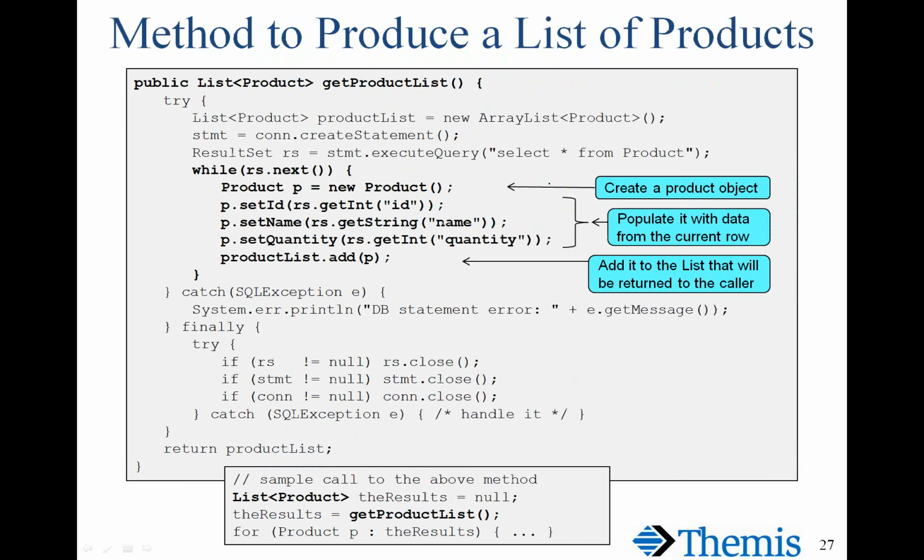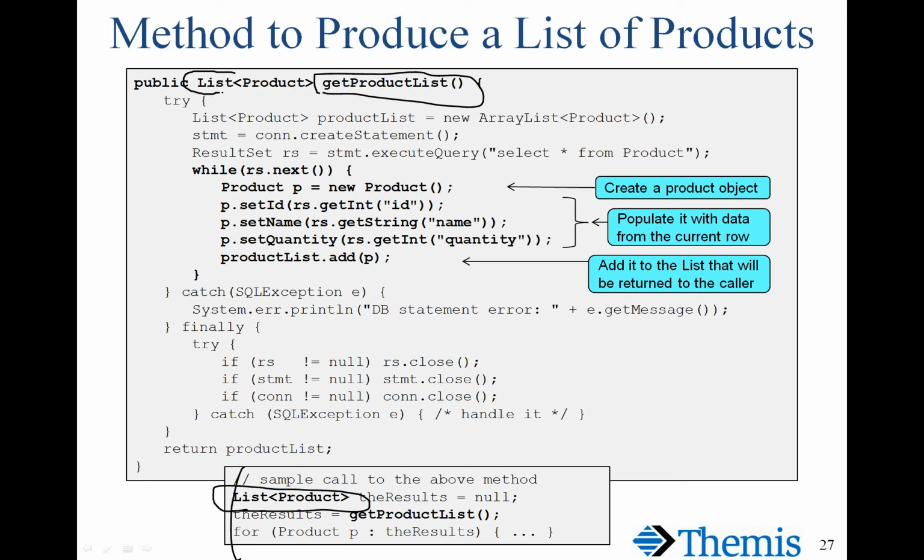One other page that doesn't relate to the example that we saw back on page 22, but does relate to the product table, is a method called getProductList. A sample call to it down at the bottom shows that it returns a list of product.